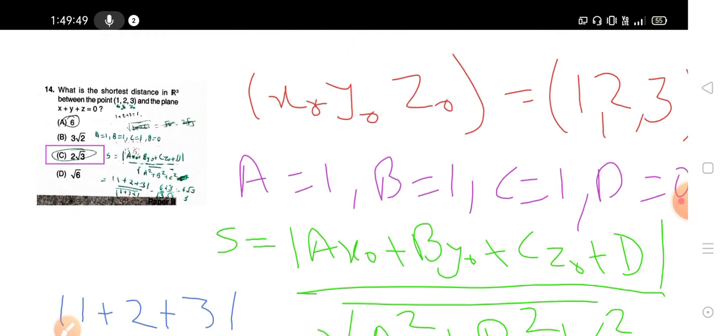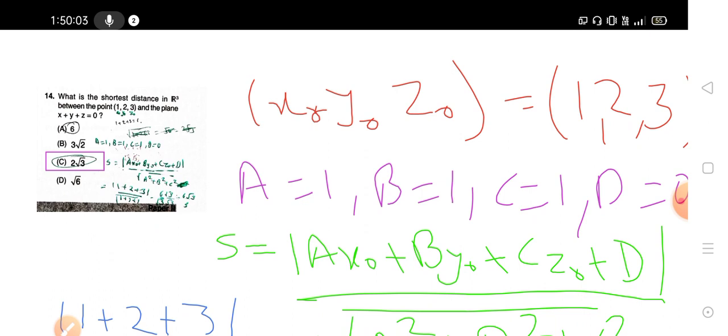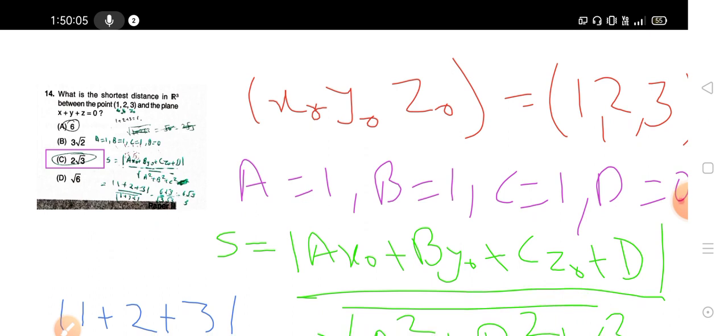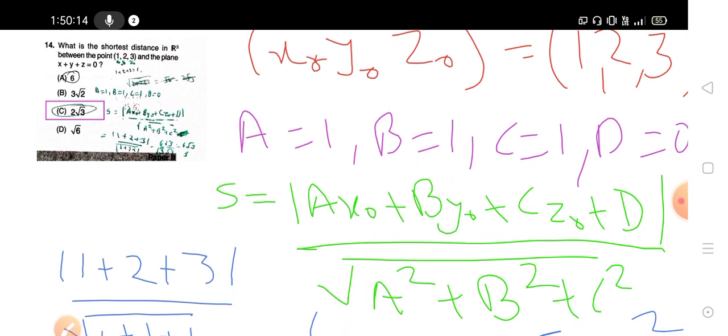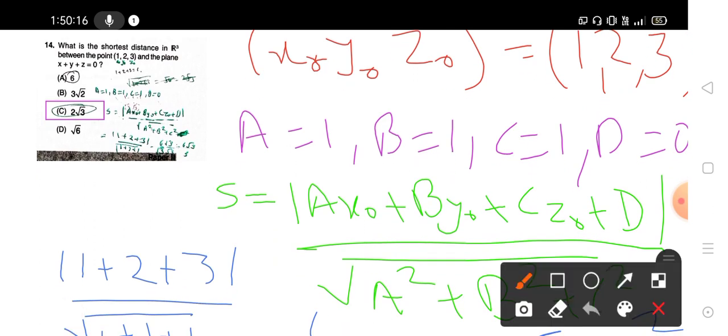What is the shortest distance in R cube between the point (1, 2, 3) and the plane x plus y plus z equals 0? Here the given point is (x0, y0, z0) and the plane is ax plus by plus cz plus d equals 0.